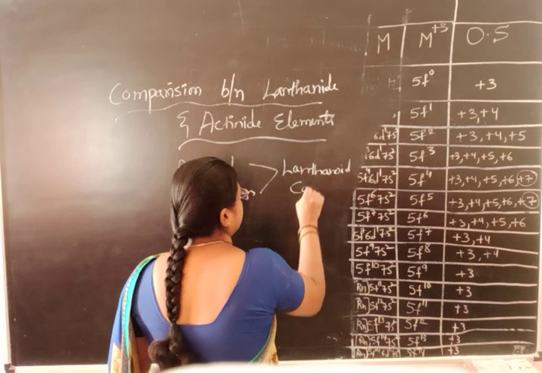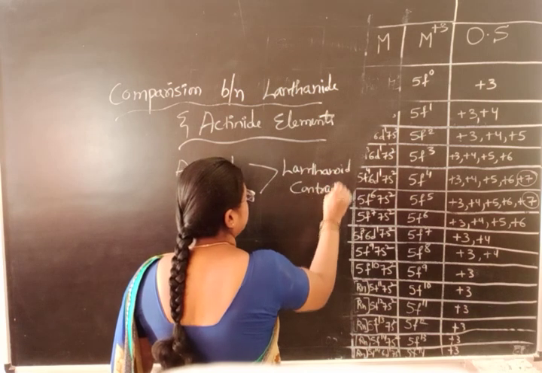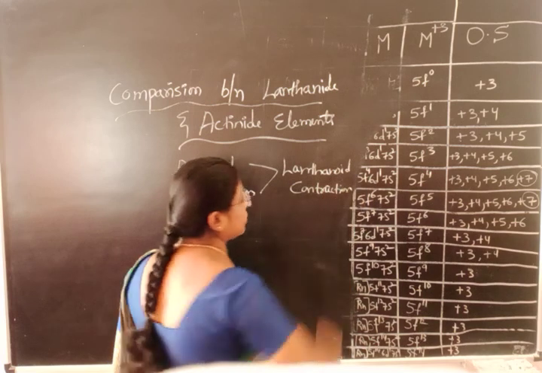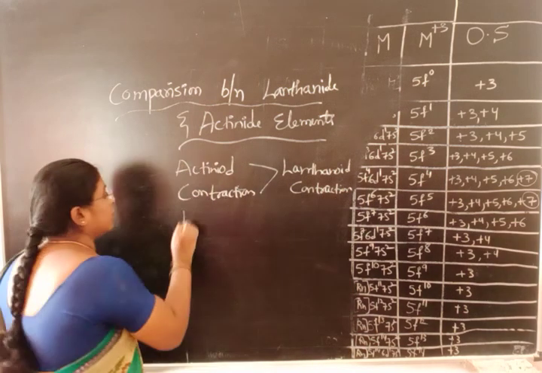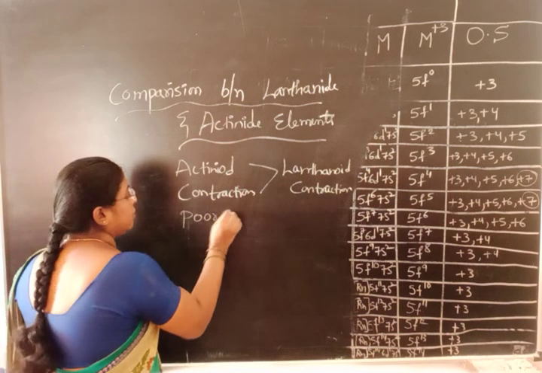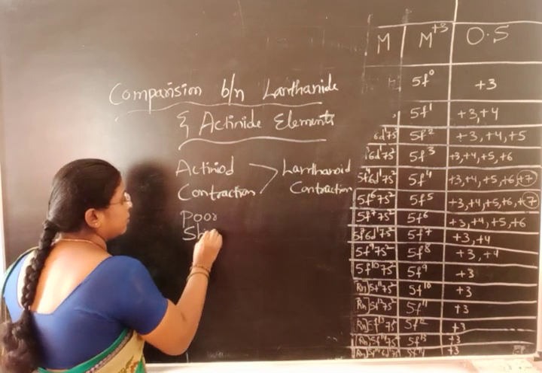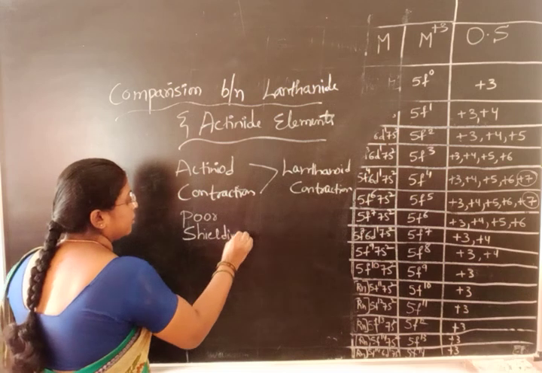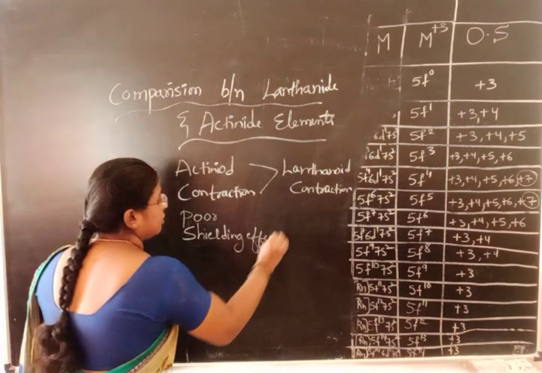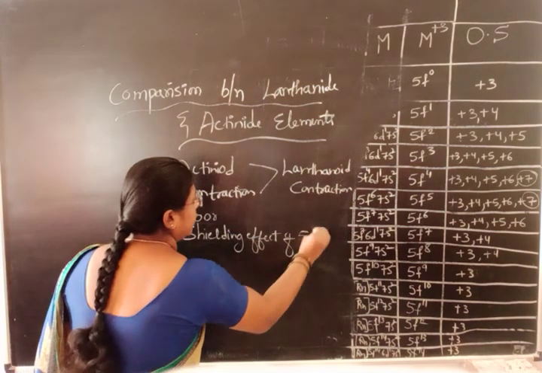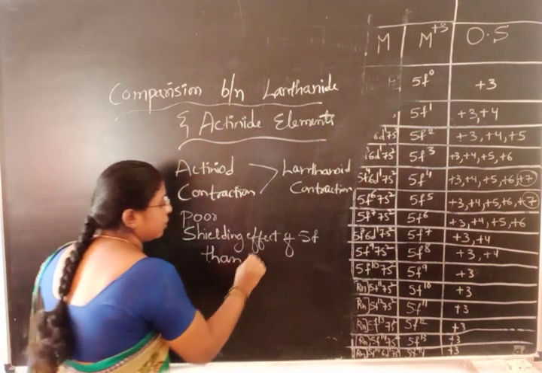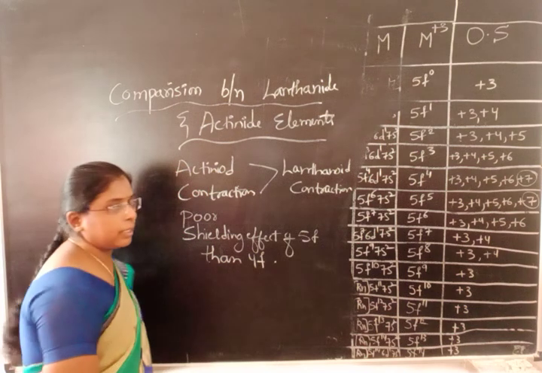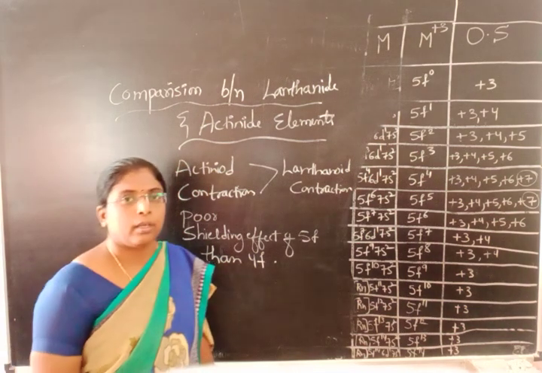This actinide contraction is greater because of the poor shielding effect of 5f electrons compared with the 4f electrons of the lanthanide series.